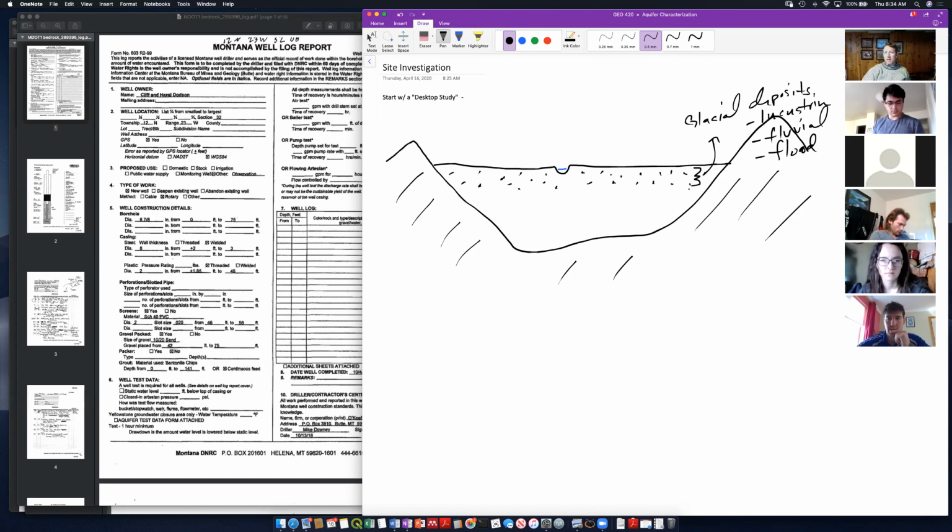So we have this mix in here of really fine clay layers from the lacustrine. We've got sands and gravels from the fluvial and the flood deposits. All right, so these areas here are going to be heterogeneous. We're going to have very high permeability sands and gravels, and we're going to have clays, fine-grained clays and silts left over from the lake.